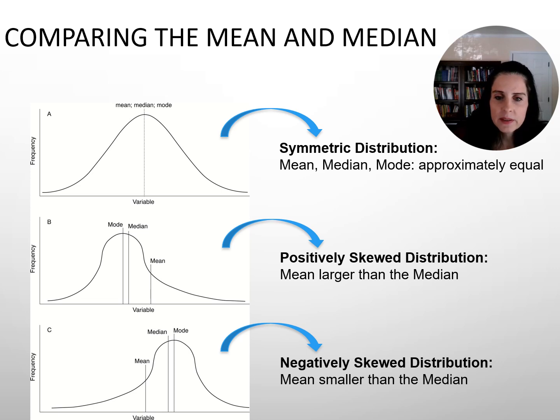For instance, let's say that in a distribution, the mean has a value of 50 and the median is 55. So there's a difference of 5 points between them. If the values for that variable range between 0 and 100, like a test for instance, a difference of 5 points is not so great.